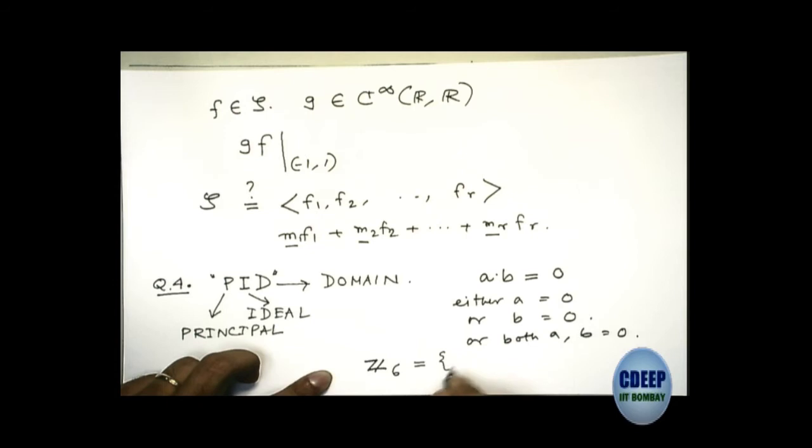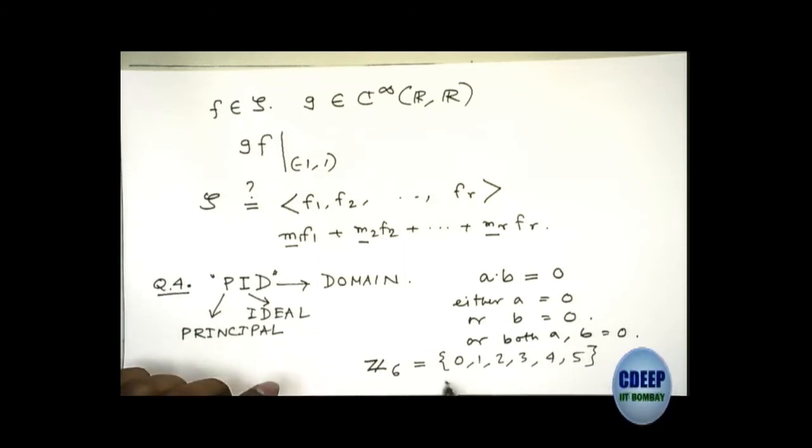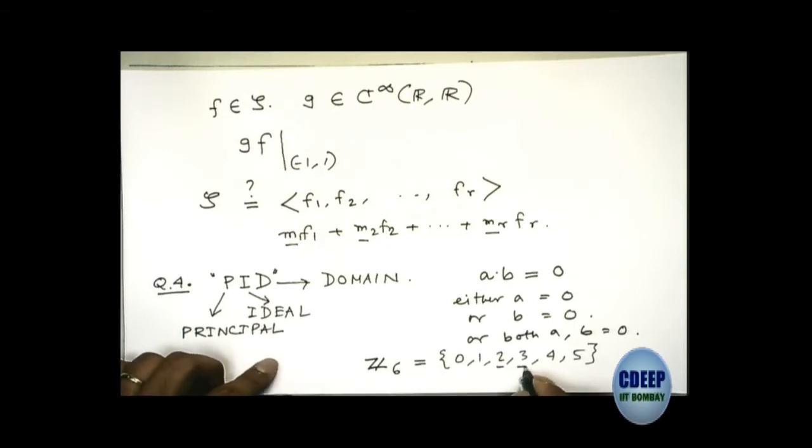Z6 is the set 0, 1, 2, 3, 4 and 5, a finite set where addition and multiplication are defined as modulo operations. You add, multiply and then you divide by 6 and take the remainder. In that case, if you look at 2 and 3 and multiply, you get 6, but when you divide 6 by 6 you get remainder 0. So 2 and 3 multiplied gives you 0. So this is not an integral domain.